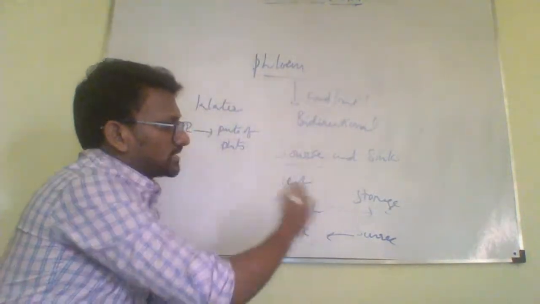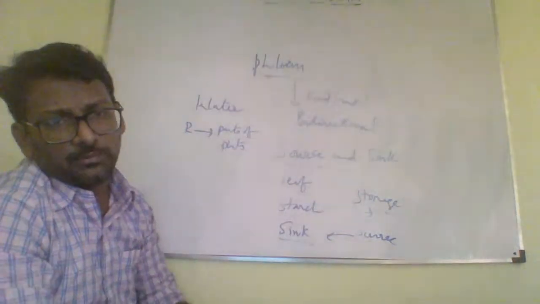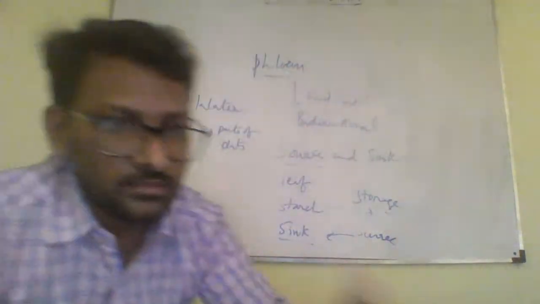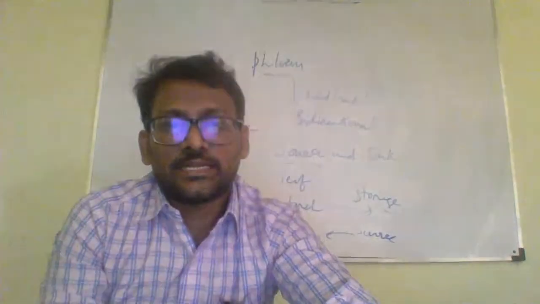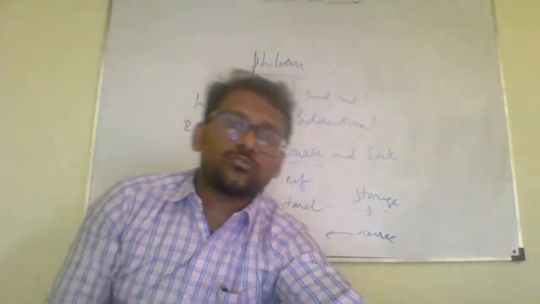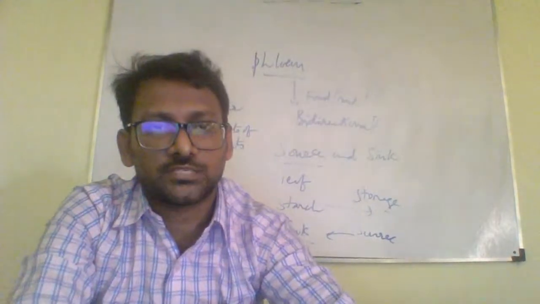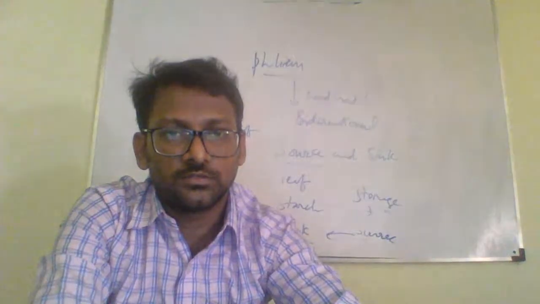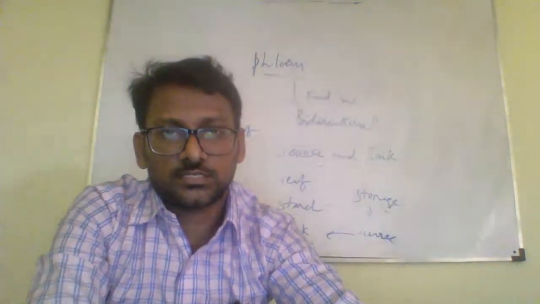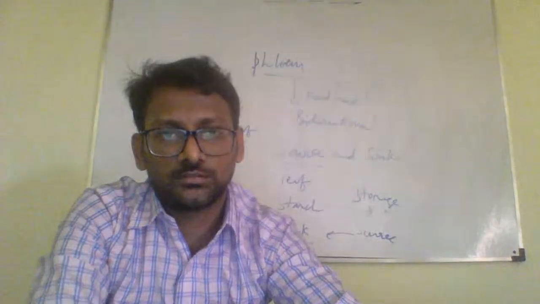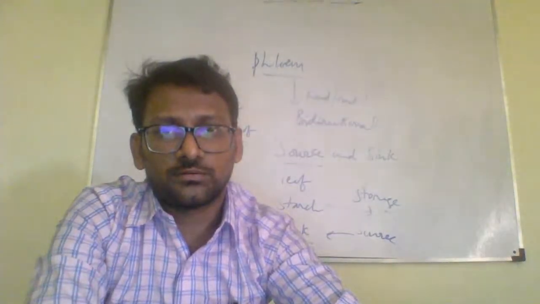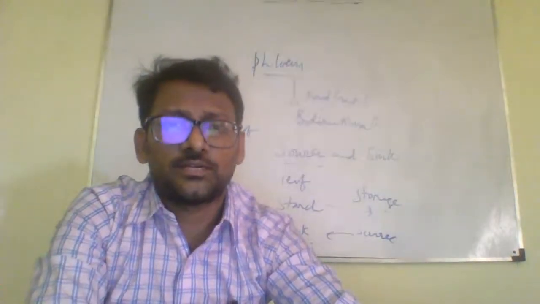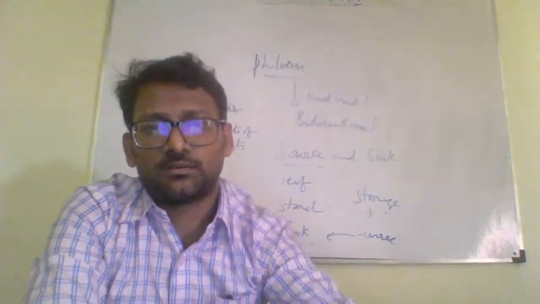So the sink and source can be interchangeable depending upon the situation. That's why this bulk movement within the phloem is bidirectional, and it acts by mass flow, right? So mass flow is one of the aspects, for translocation of mineral nutrients and ions, and especially food particles.